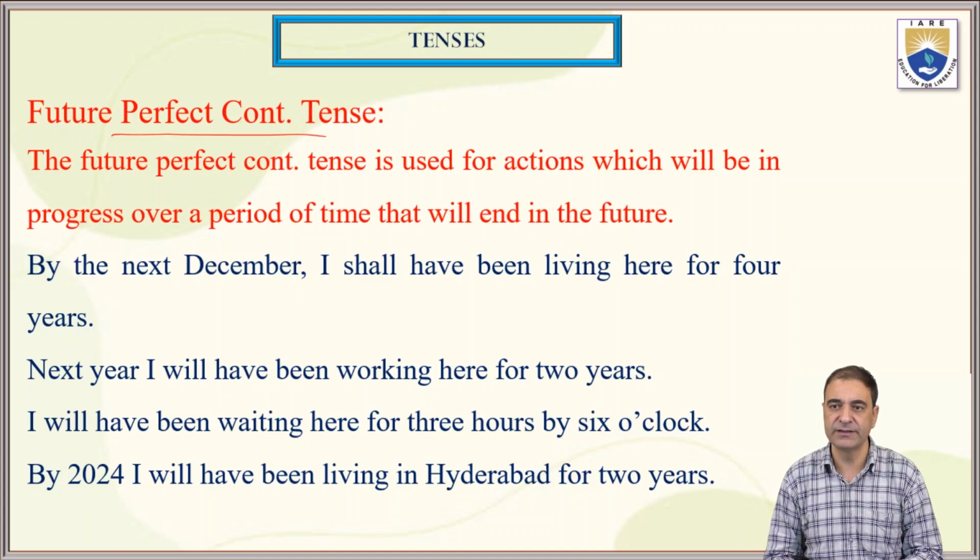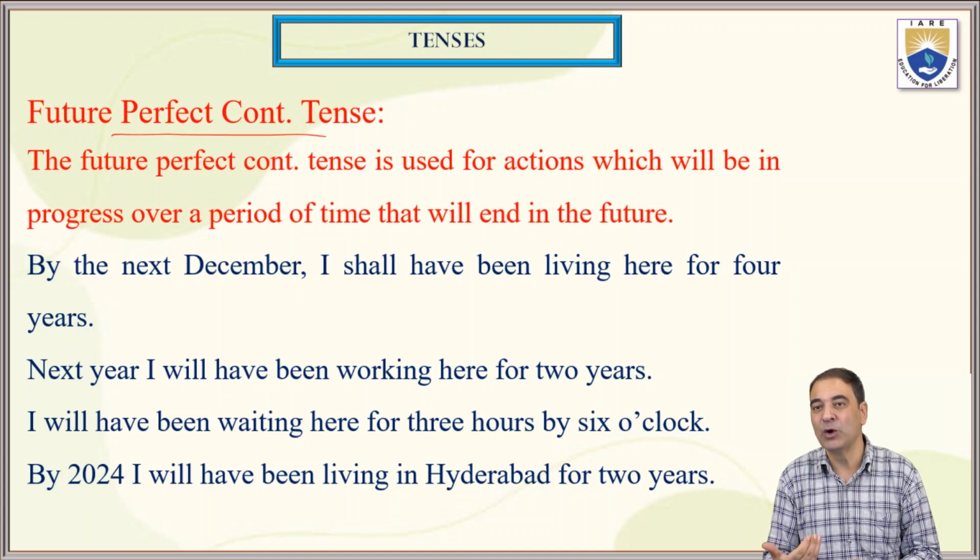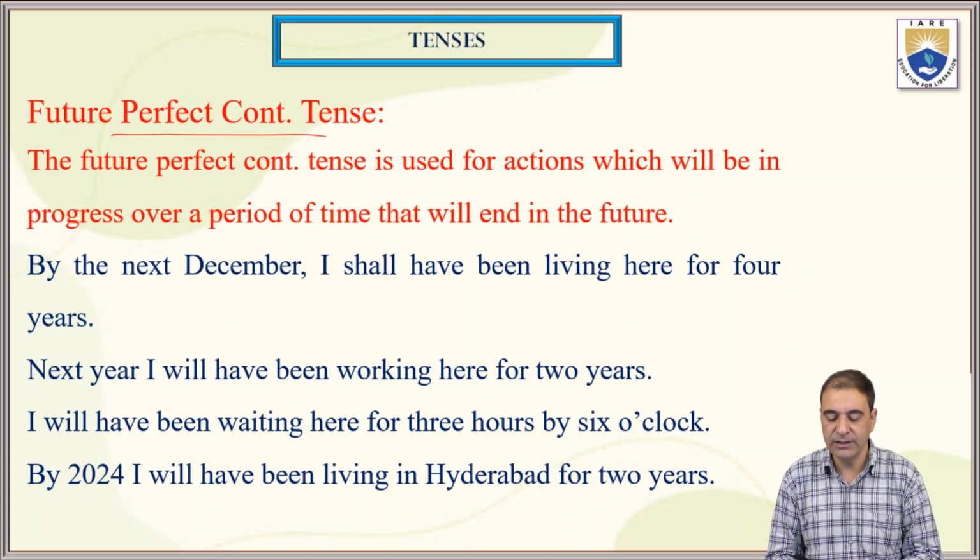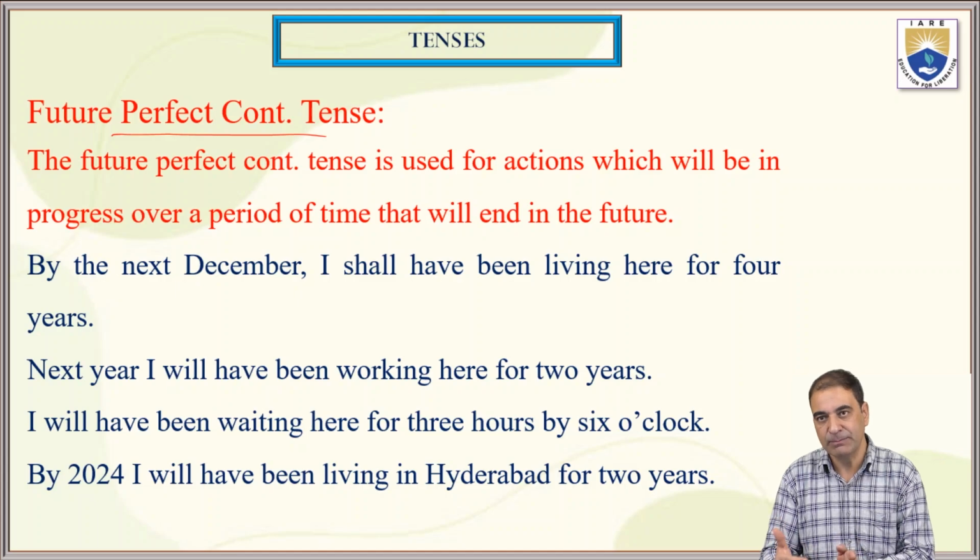In future perfect, we talk about an action that will be completed at some point in the future. But here we talk about an action that will remain continuous up to a certain point in the future, and surely then that action will complete at that point.